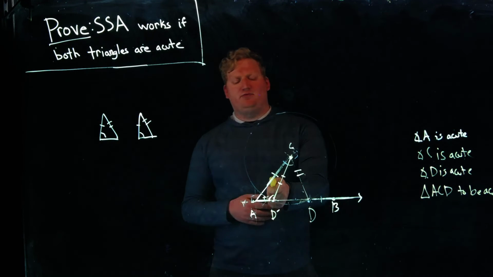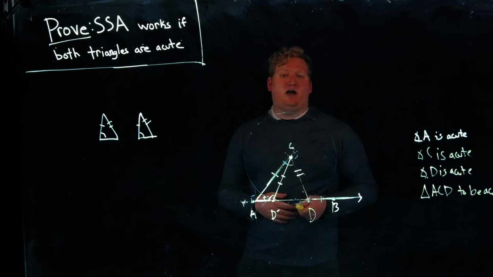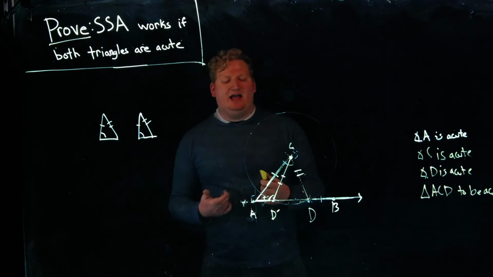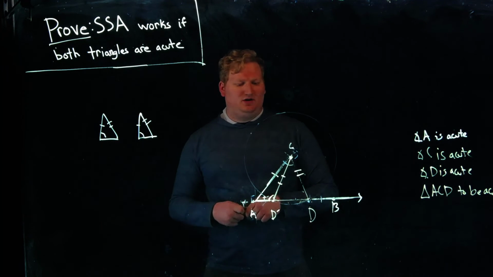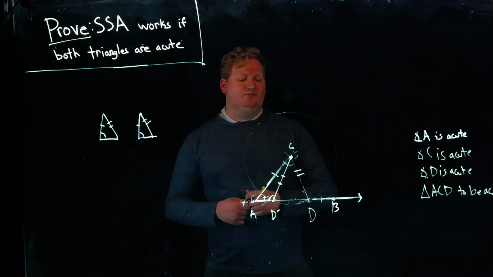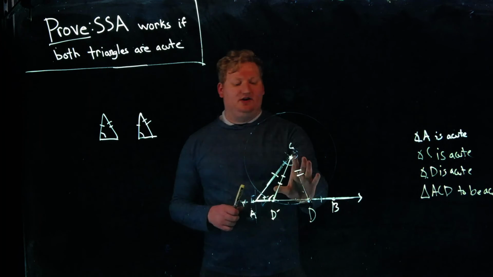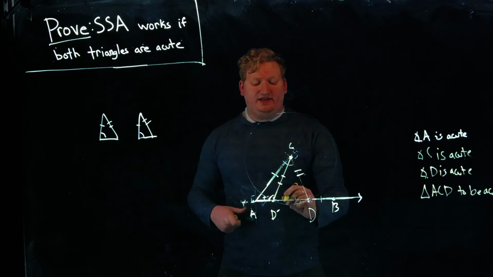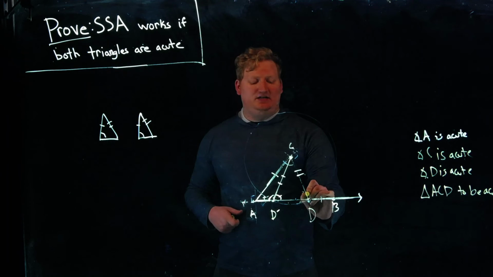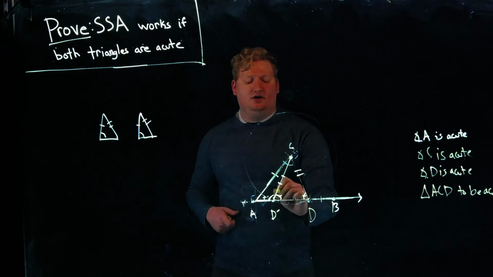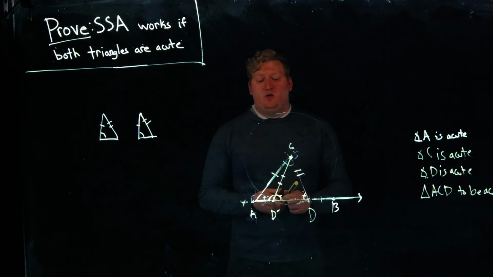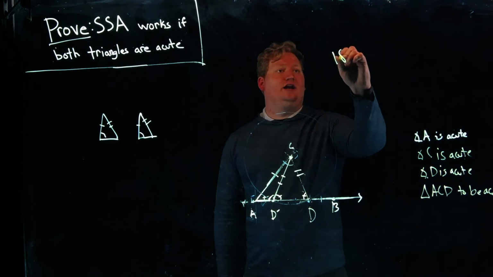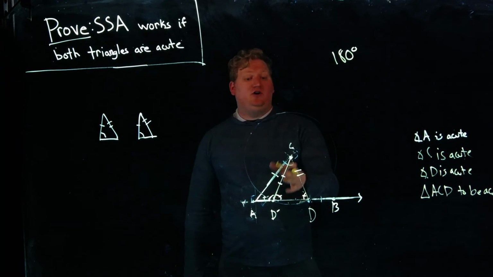So we've got to prove that ACD prime will not be acute every time we create it. And how we can tell is pretty interesting. D prime CD, this triangle we haven't even discussed, this little extra area, is an isosceles triangle. What that means is that angle D prime and angle D are congruent to each other. Where this comes into play is that we know our triangles have 180 degrees, and we know that C is acute.